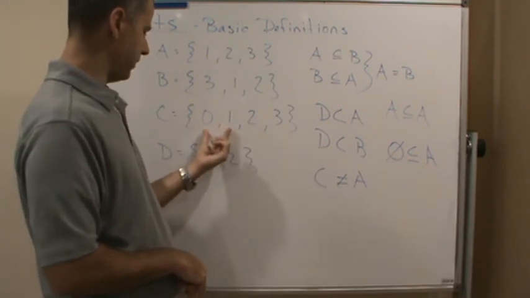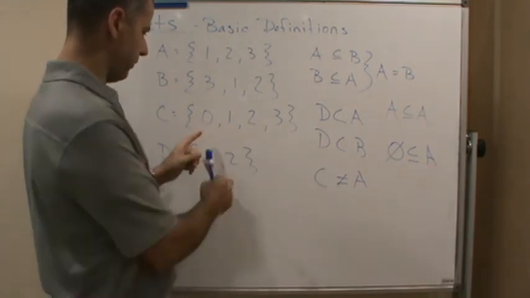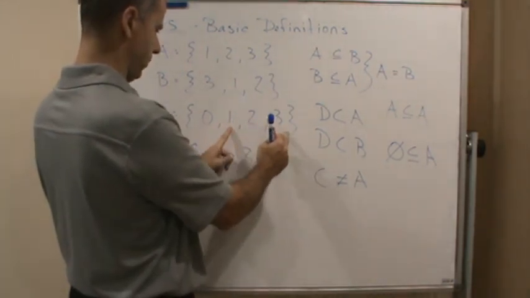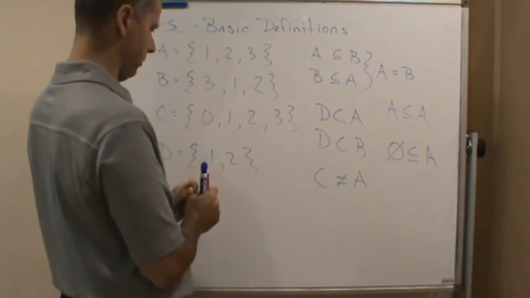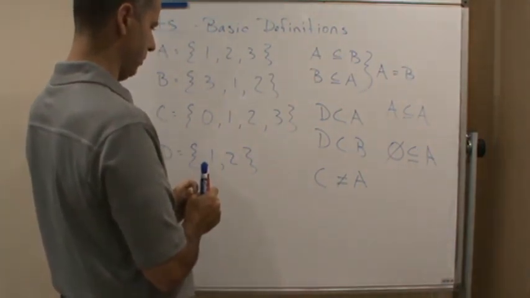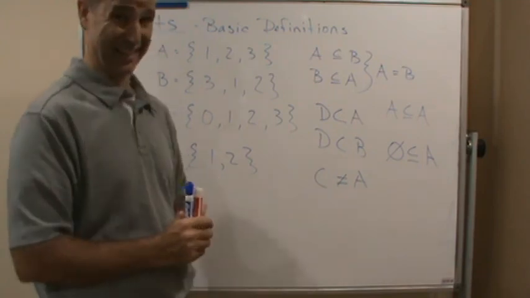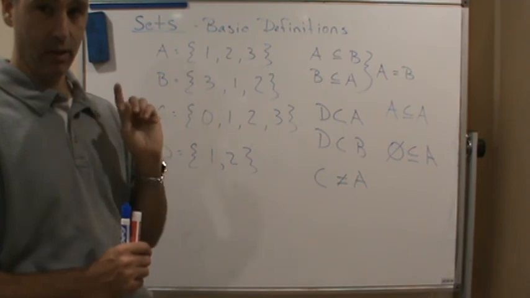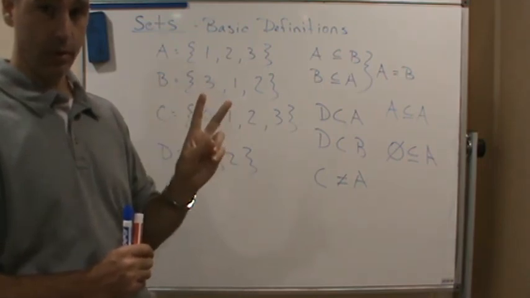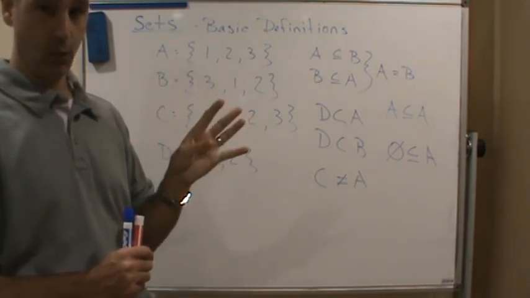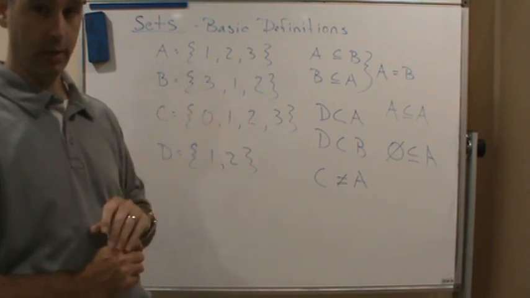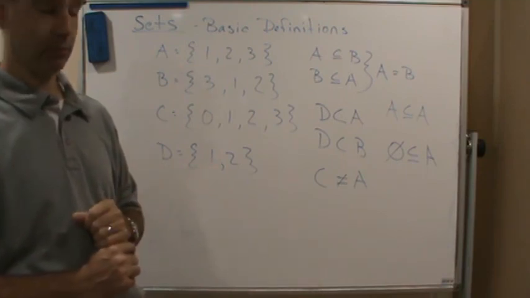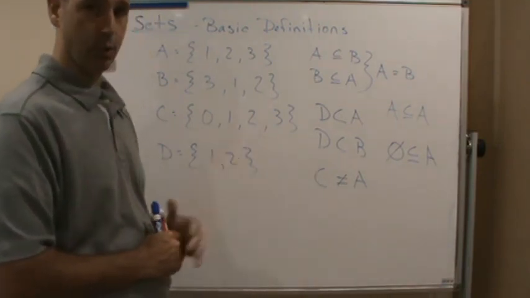So I would have to count all the different subsets of 2: these 2, these 2, these 2, these 2, these 2, and these 2. That gives me 6. So that gives me 1 plus 4 plus 6 plus 4 plus 1, which gives me 16. So the total number of subsets would be 16 in this case.